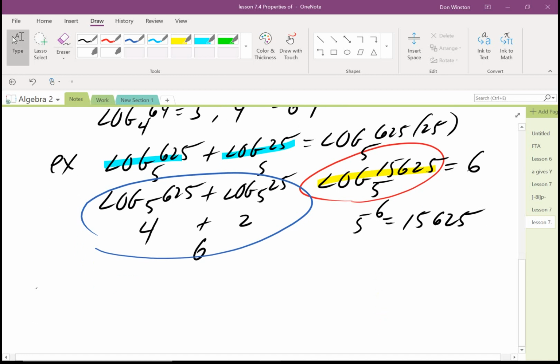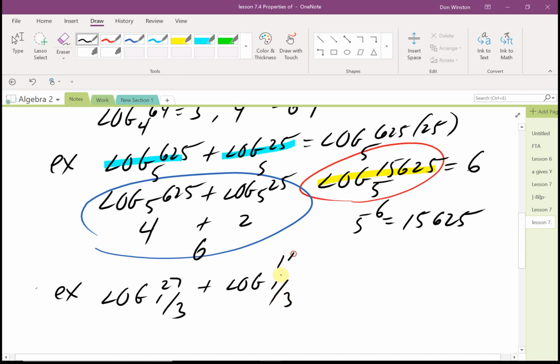Okay, let's take a look at another example here. If I had log base 1/3 of 27 plus log base 1/3 of 1/9.